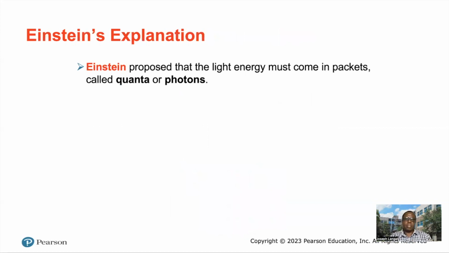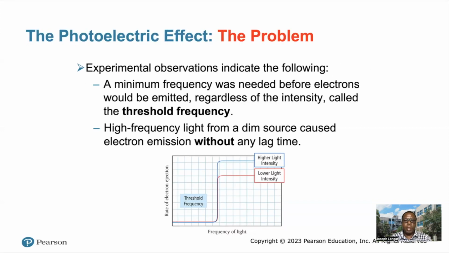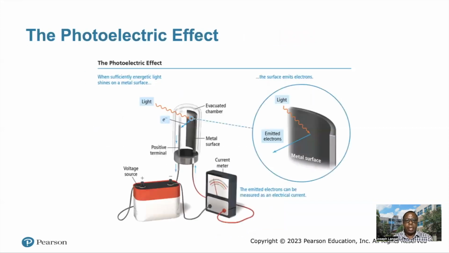Albert Einstein proposed that light is released in packets. Let me go back to the previous slide here. Einstein proposed that instead of a continuous wave you see here, this light is traveling in small packets, like a particle of light. So many particles traveling in a wavelength packet.